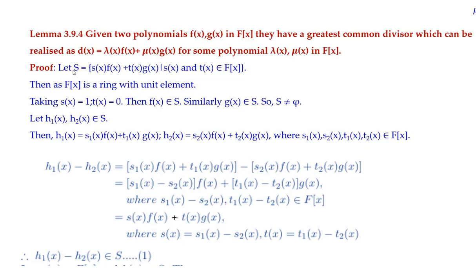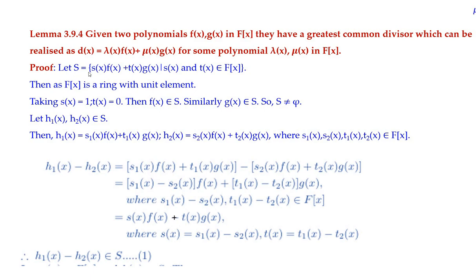Now, in the proof, first we shall take capital S to be the collection of such elements s(x) f(x) + t(x) g(x), where s(x) and t(x) are in F[x]. Then, as F[x] is a ring with unit element, we can take s(x) as 1 and t(x) as 0, so that f(x) will belong to S. See, f(x) and g(x) are given to us, right?